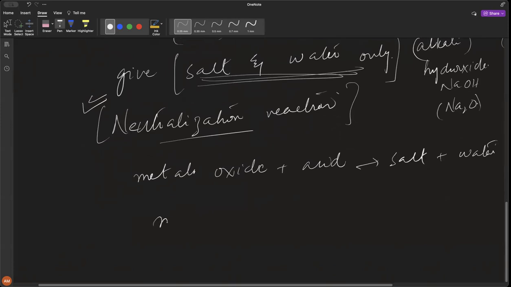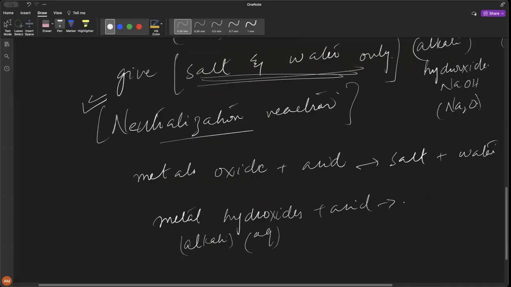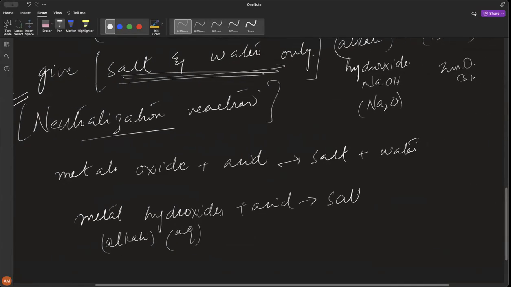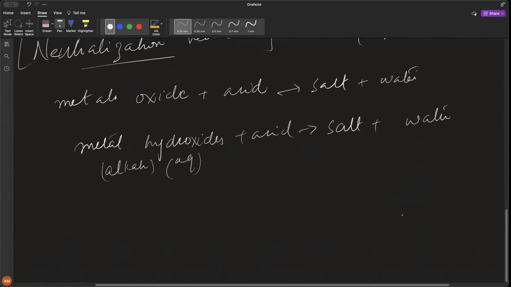Or metal hydroxides that are generally soluble alkalis, and they react with acid, they give salt and water only. Examples could be, for the metal oxide, we can take zinc oxide, solid, plus dilute sulfuric acid, aqueous.